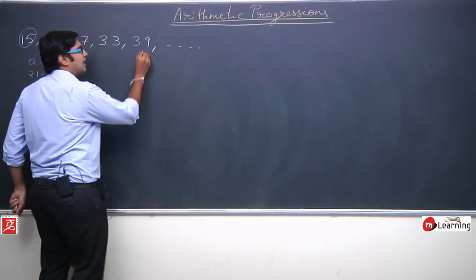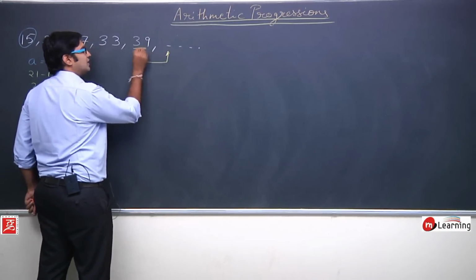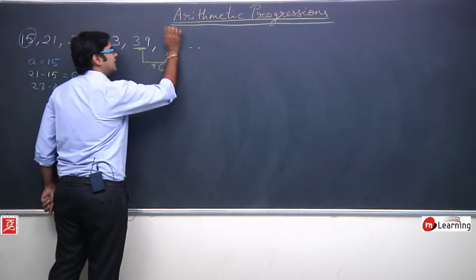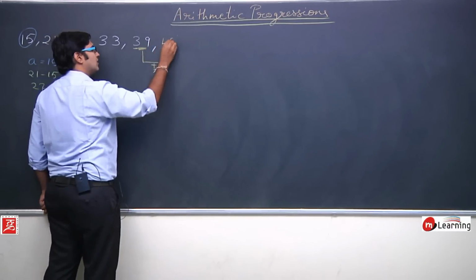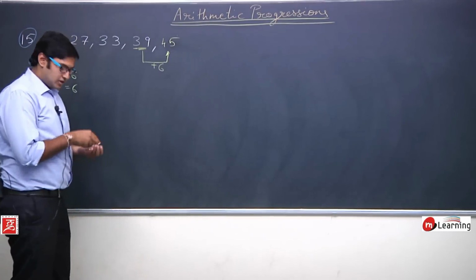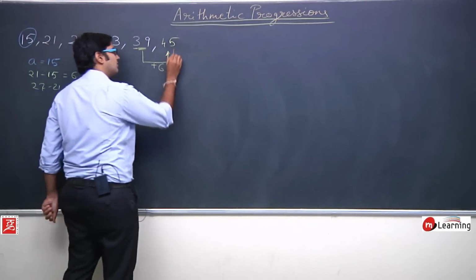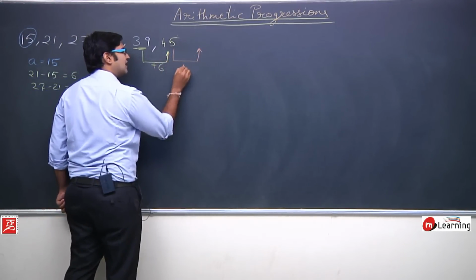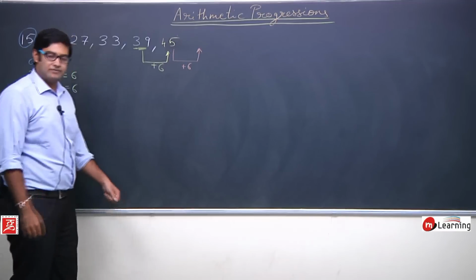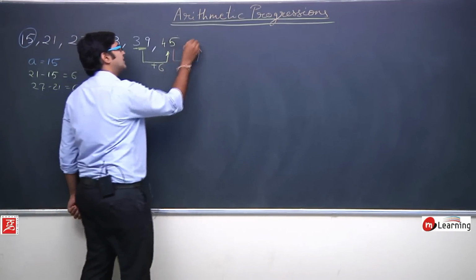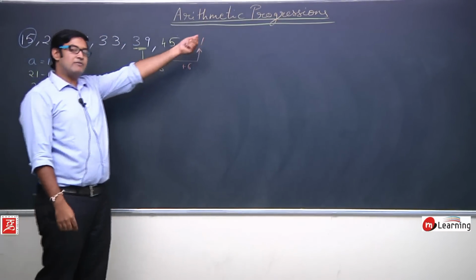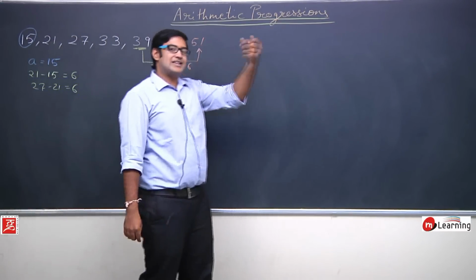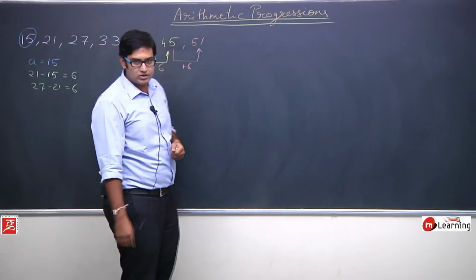You will simply add 6 to this 39, and you will say 39 plus 6, that is 45 will be the next term. If I ask you to write one more term, you can very easily add 6 again to this 45, and you will say 51 is the next term, and so on. Okay, so it will be very easy to determine the next three terms of this arithmetic progression.